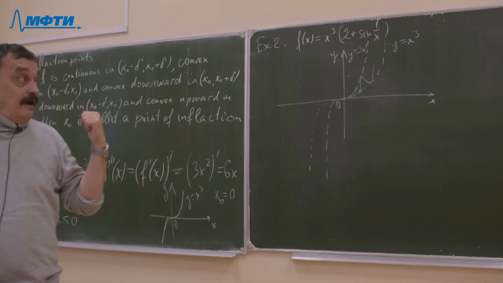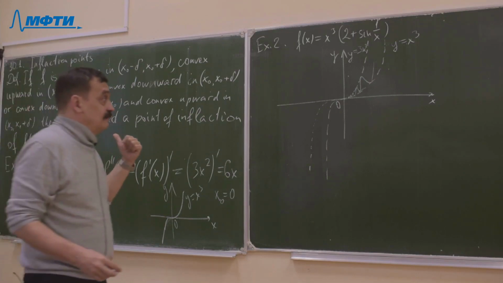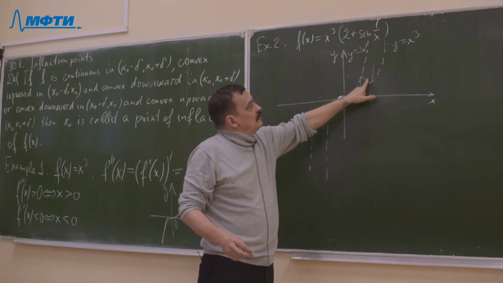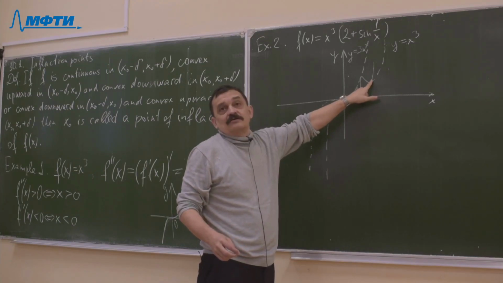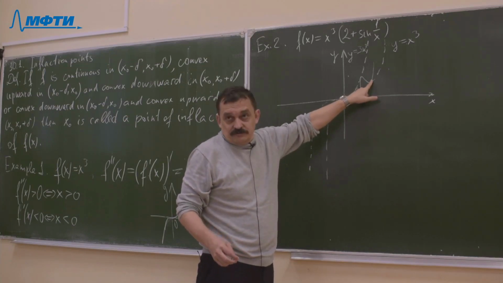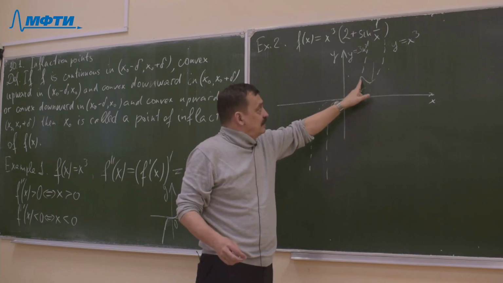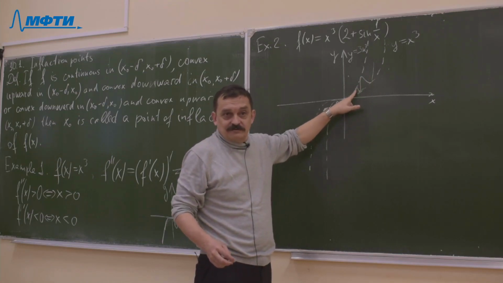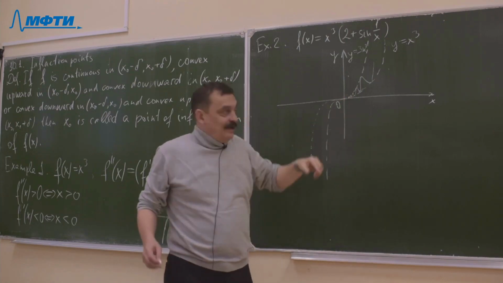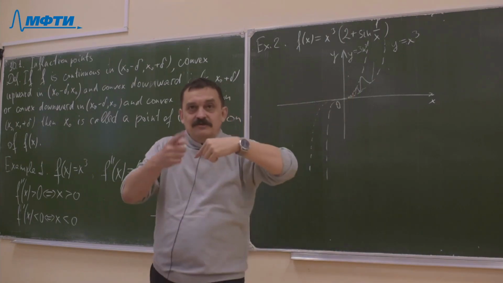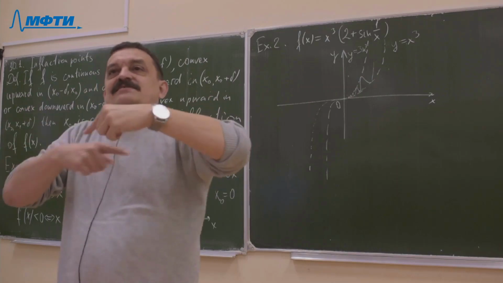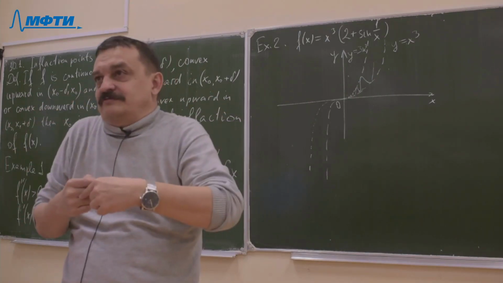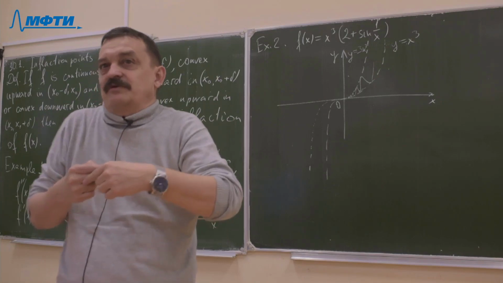And now, you see, here it is convex upward, downward. Next interval, convex upward, downward, upward, downward. And those intervals will interlace more and more often when we approach 0.